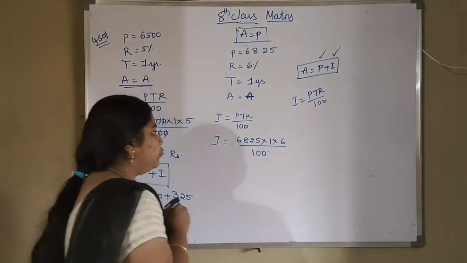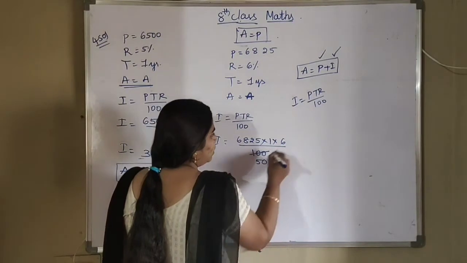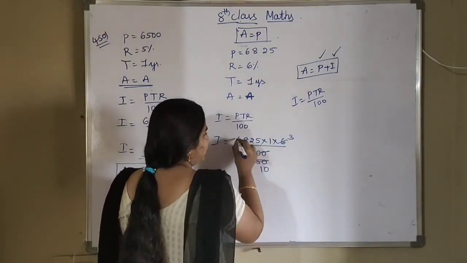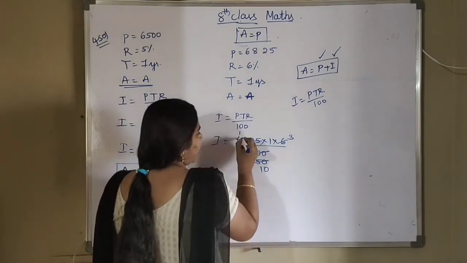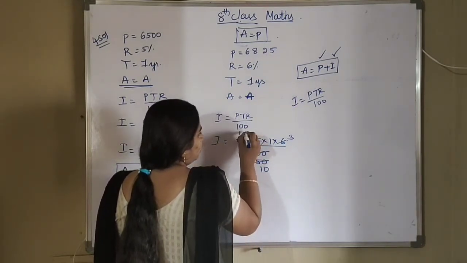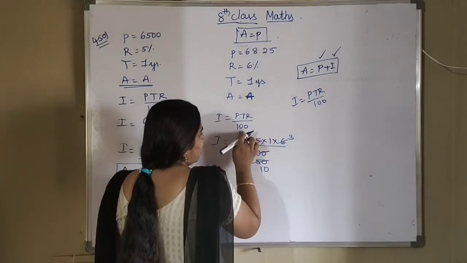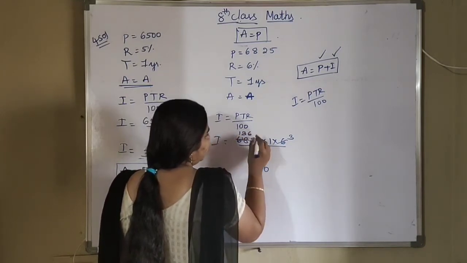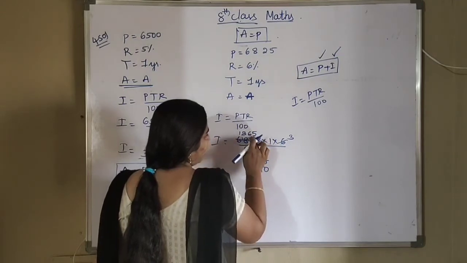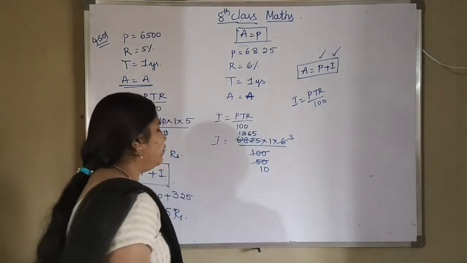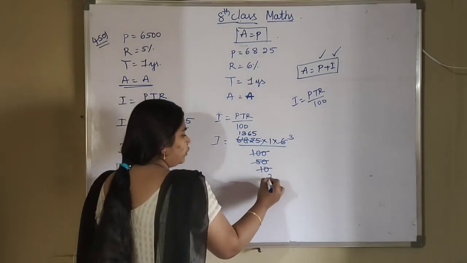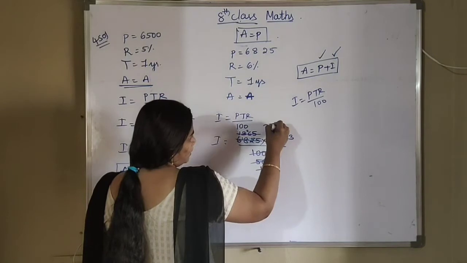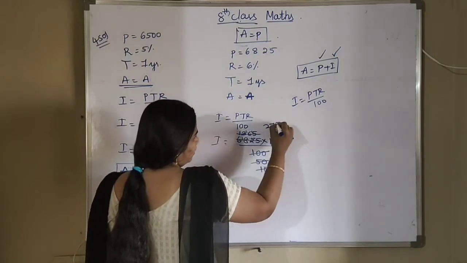Now you can cancel in the 2 table. 2 50s are, 2 3s are. We can cancel in the 5 table. 5 10s are, 5 1s are 5. 5 3s are 15. 5 6s are 30. 5 5s are 25. Now again we can cancel in the 5 table. 5 2s are 10. 5 7s are 35. 5 3s are 15.